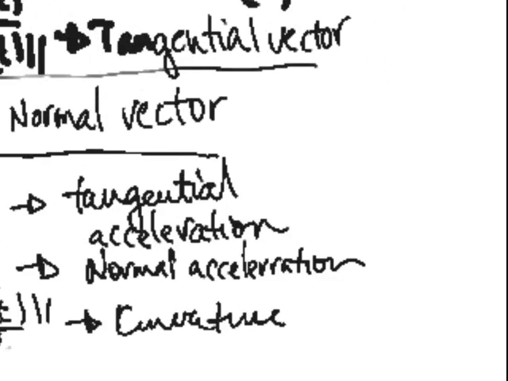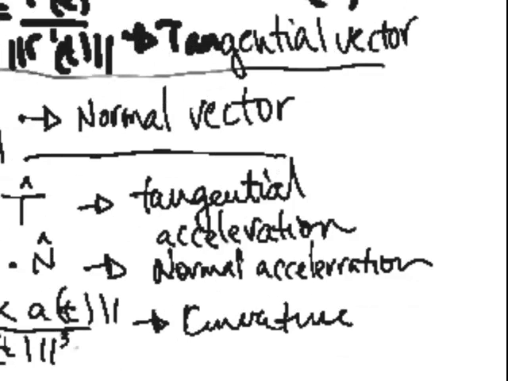And then for the two accelerations, I use the dot products. There are other formulas you can use. And then here for curvature, we do a cross product divided by magnitude of velocity cubed.